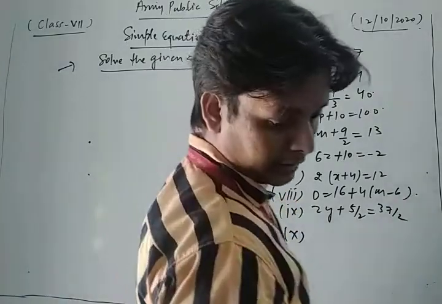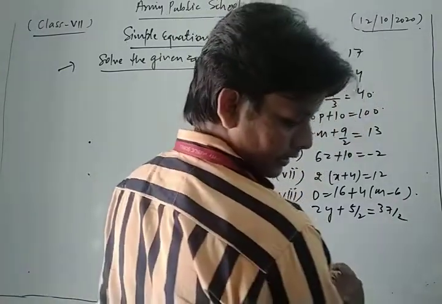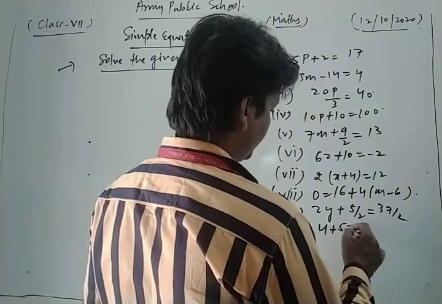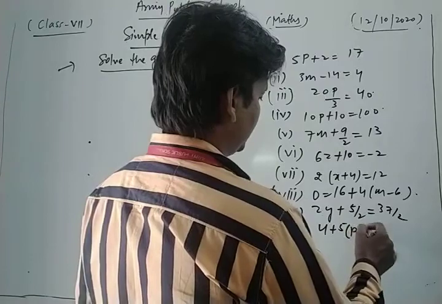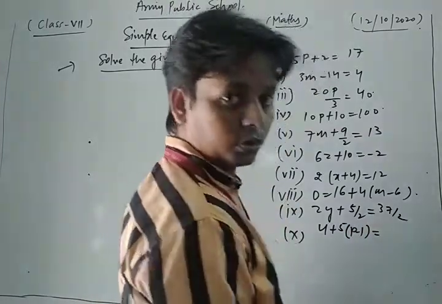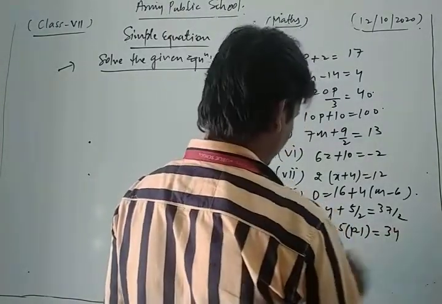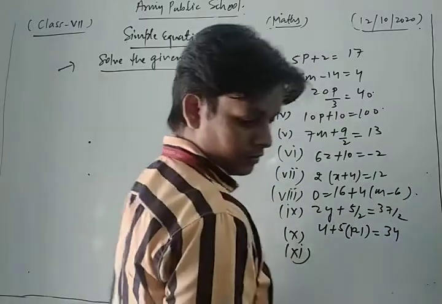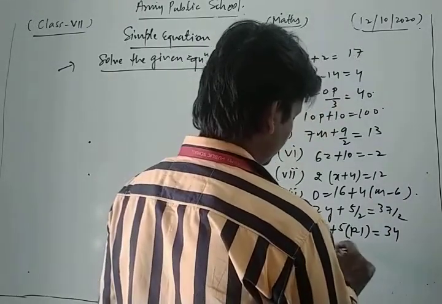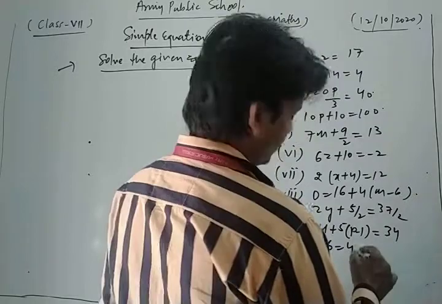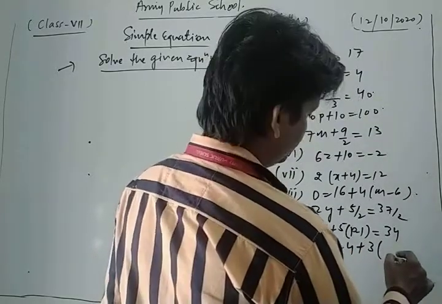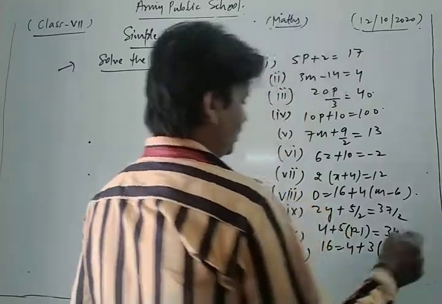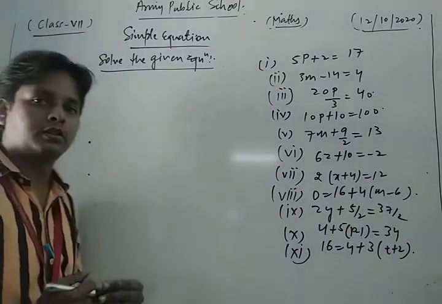Tenth part is 4 plus 5 into bracket p minus 1 is equal to 34. And next part is 16 is equal to 4 plus 3 into bracket t plus 2. So these are the questions.